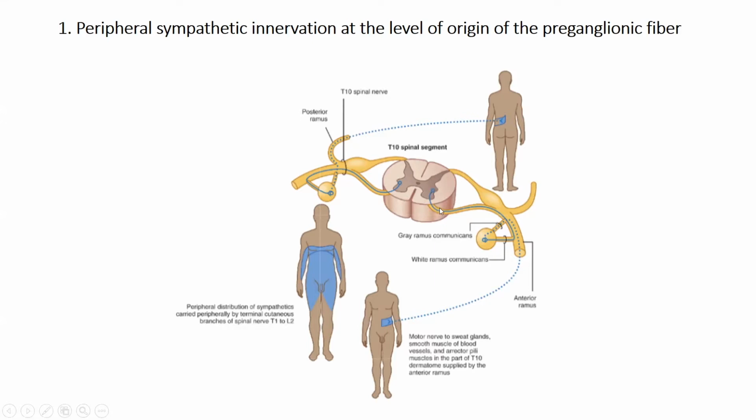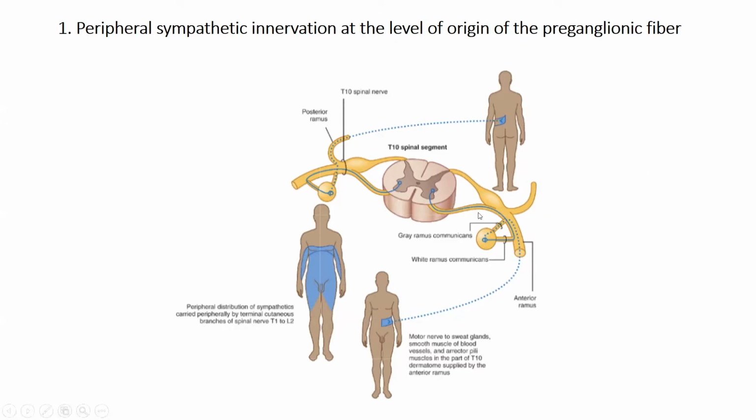It goes to the anterior root, and then to the spinal nerve. Mainly it passes through the anterior branch of the spinal nerve, and then goes to the white communicating branch. This preganglionic sympathetic fiber enters the white communicating branch and goes to the sympathetic trunk and respectively the sympathetic ganglion.